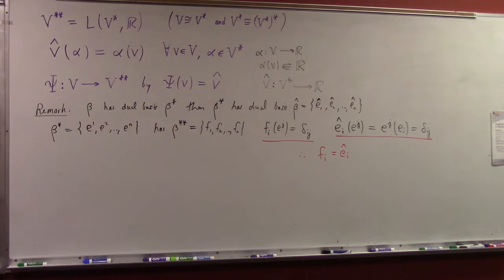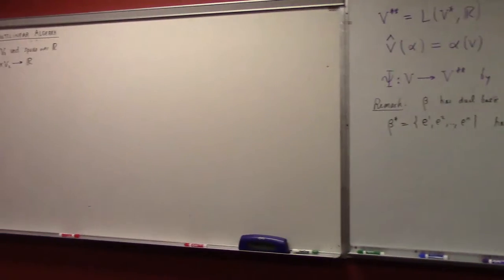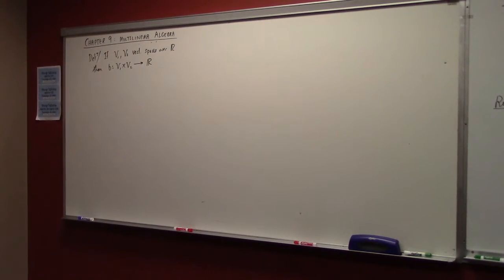So, definition: V1, V2 vector spaces over R, then B, a mapping from V1 cross V2 to the reals, is a bilinear mapping on the Cartesian product of V1 and V2 if and only if it's linear in each slot.